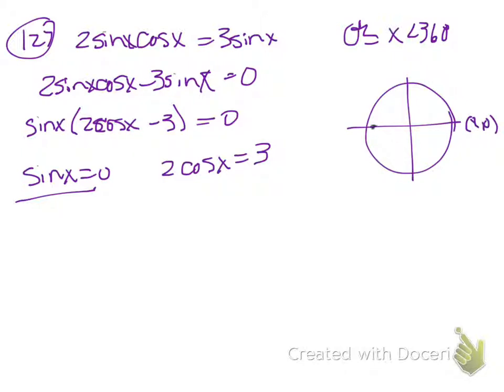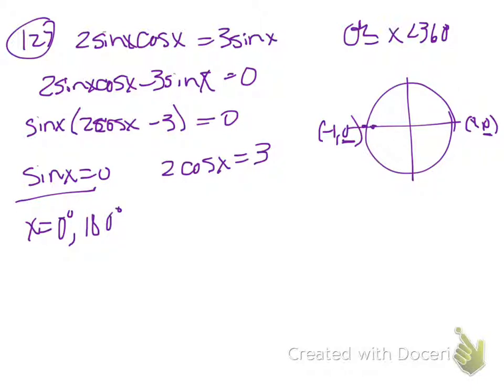And when I am at pi, or 180 degrees, I am at negative 1, 0. And that's where my y values are 0, which is sine is y. So I get x is equal to 0 degrees and 180 degrees.